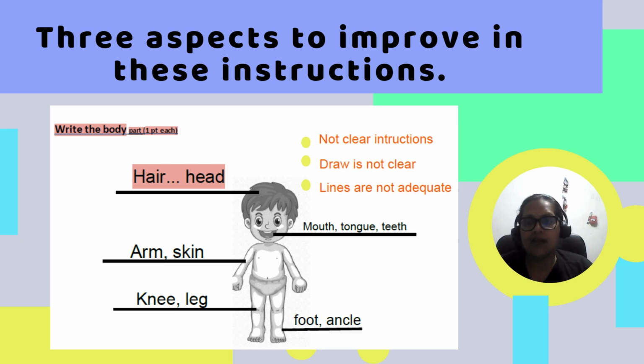And second, the drawing is not appropriate. It's too general, and you cannot clearly see which part of the body should be described. That's why I include multiple possible answers, because it's not clear what part of the body you have to put there. You can put the head, you can put the hair, and everything.